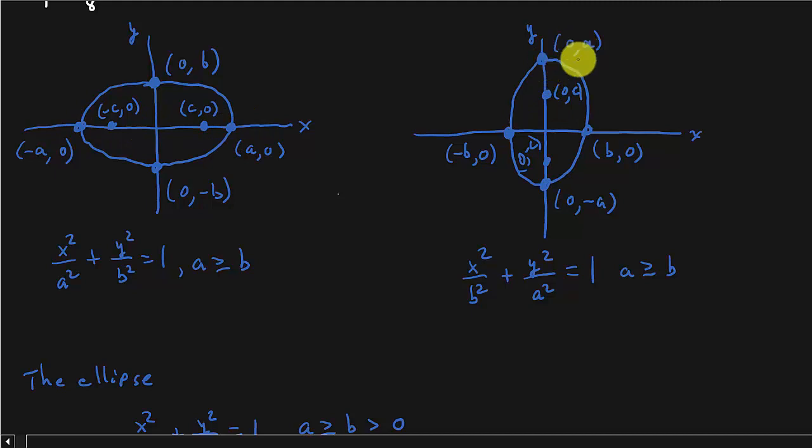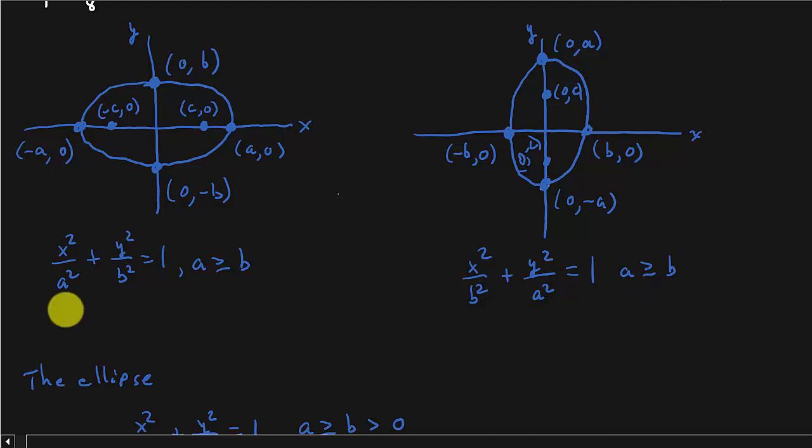Well, here, 0a and 0 negative a, these are your vertices, and then your major axis would be the line that connects 0a and 0 negative a, and this would be your minor axis, the line segment that connects negative b0 and b0. And then your foci are 0c and 0 negative c. And this equation would be x squared over b squared plus y squared over a squared equals 1, where a is greater than or equal to b.